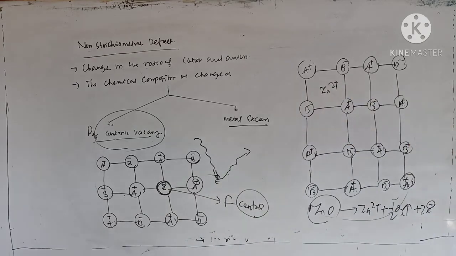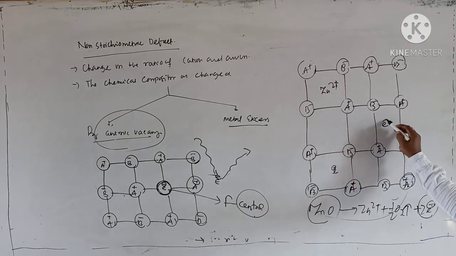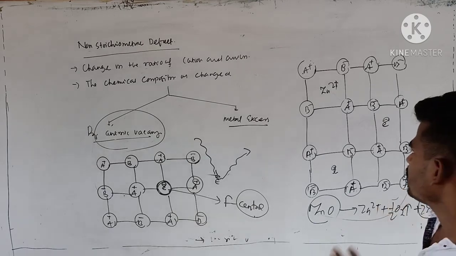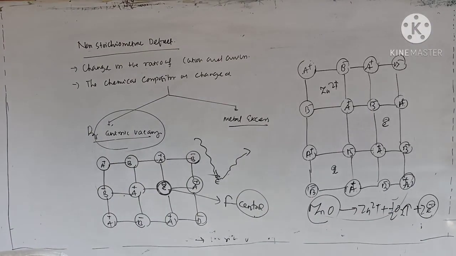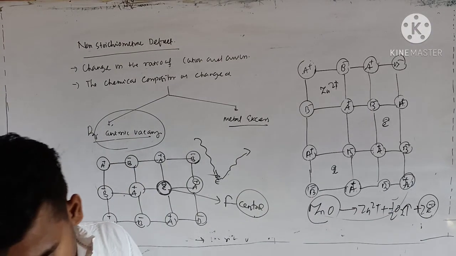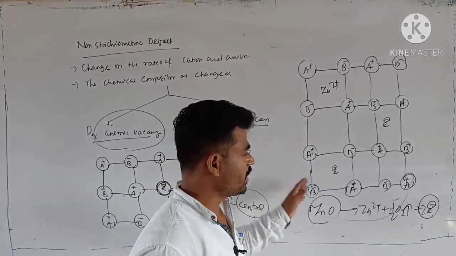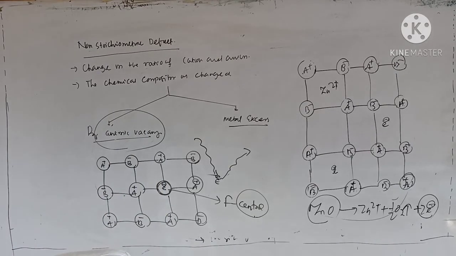So 2 units of positive charge are there, and these 2 electrons can occupy other interstitial sites. So here the number of cations and anions also varies, and due to the presence of such free electrons in these crystals, it behaves as a semiconductor.